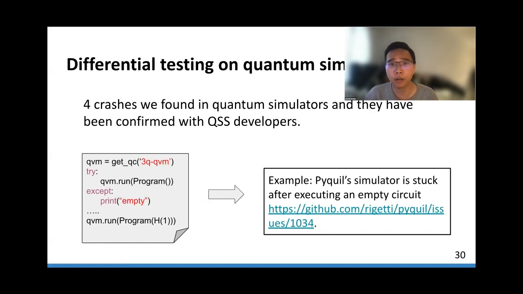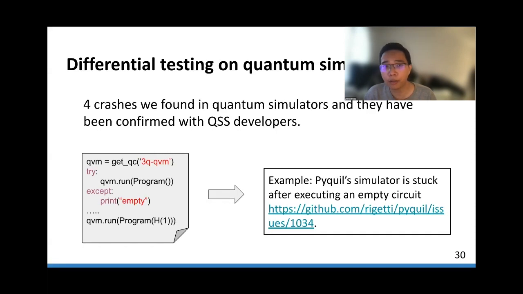Here's one example of a bug in the simulator backend. The HiQ simulator falls into an illegal state after trying to run an empty circuit. Then the simulator will keep crashing even with a non-empty circuit. QDiff detects these bugs by mutating an input quantum circuit to an empty circuit and executing it on both the quantum simulator and the state vector simulator.